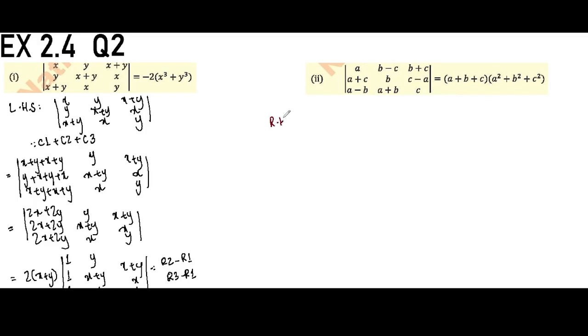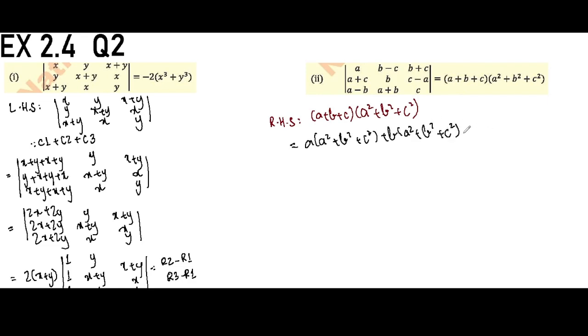So right hand side is a plus b plus c into a square plus b square plus c square, and it is equals to a into a square plus b square plus c square plus b into a square plus b square plus c square, and then plus c into a square plus b square plus c square.